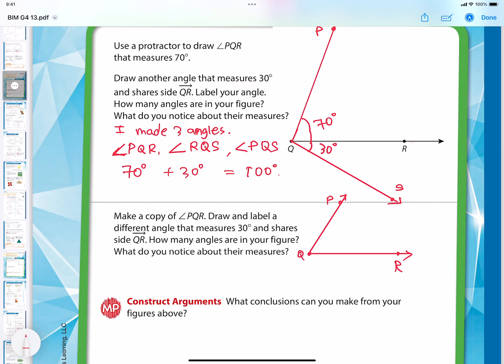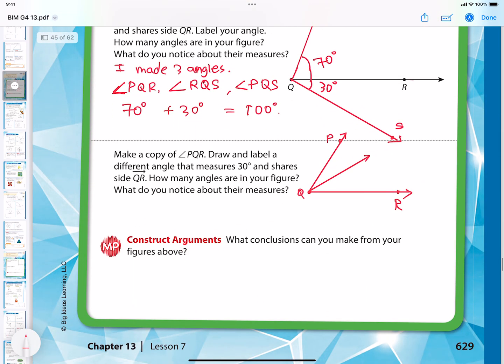Then draw and label a different angle that measures 30 degrees and shares side QR again. We need to share QR again. Then maybe I need to draw another 30 degrees inside. So that's what I can do. I say this total together.